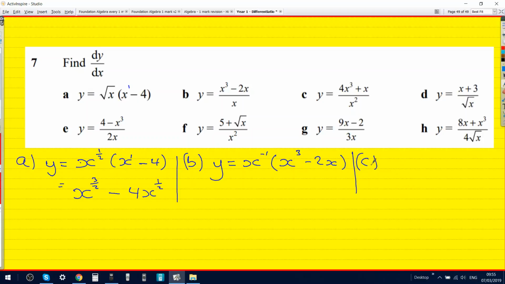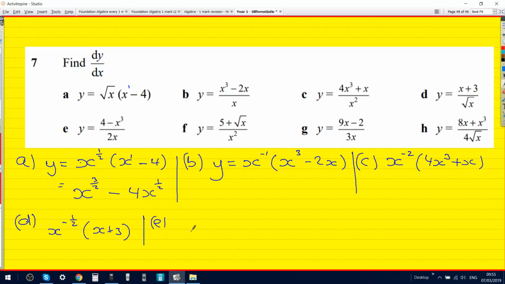The x to the minus 2. And then bracket 4x cubed plus x. We'll leave that. D. X to the minus half. Well done.